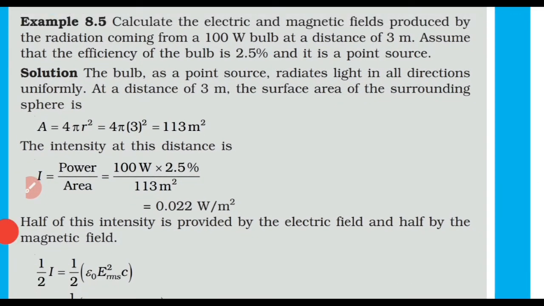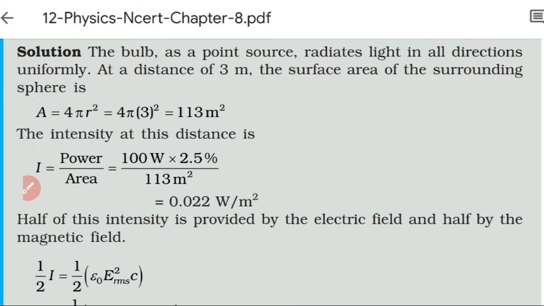Now we can find the intensity of light reaching that distance. Energy per unit time is power. So intensity becomes power by area. Now thinking about power, it's given a 100-watt bulb with 2.5% efficiency.